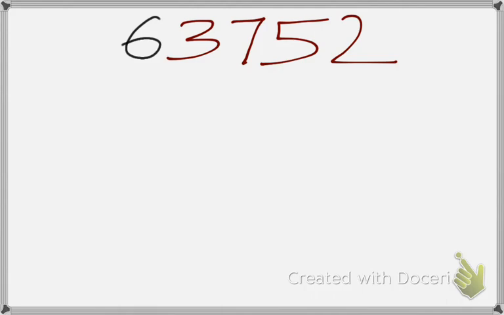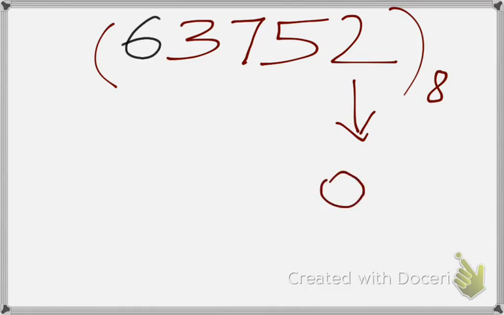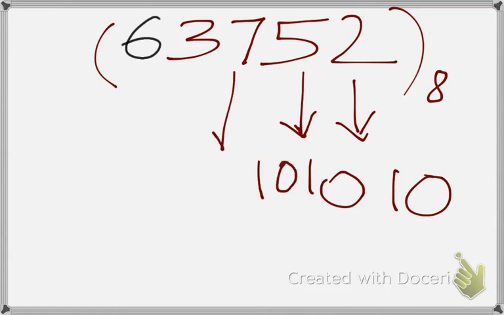I need to convert it into binary. So the first thing I'm going to do is write down 2. What is the 3-bit binary equivalent of 2? It is 0, 1, 0. The 5's equivalent is 1, 0, 1. And for 7 it's 1, 1 and 1.